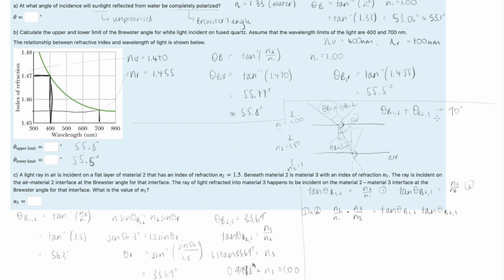This is really useful because what we can say then is that the Brewster angle of 1,2 is 90 degrees minus theta of the Brewster angle 2,3.